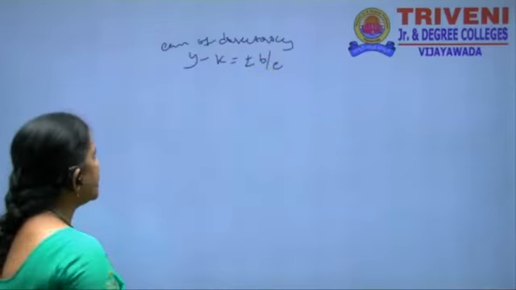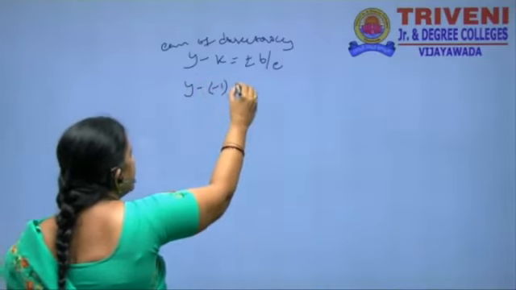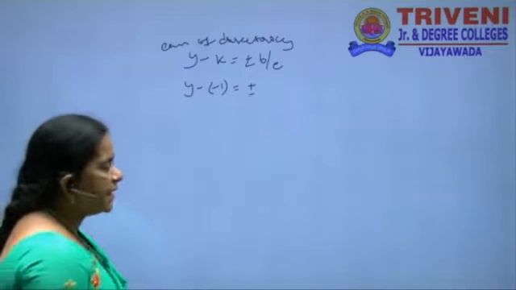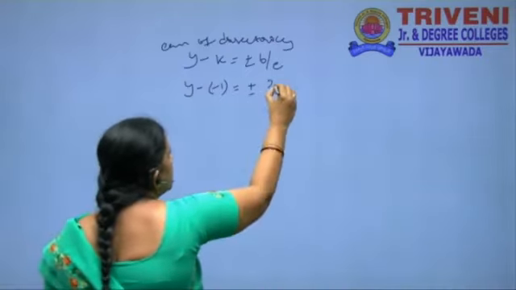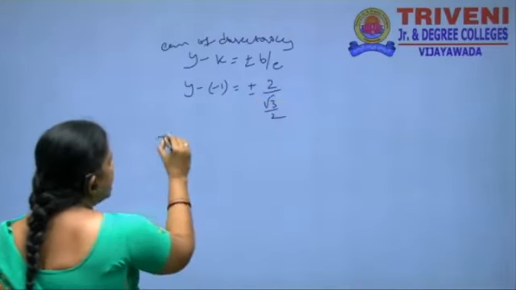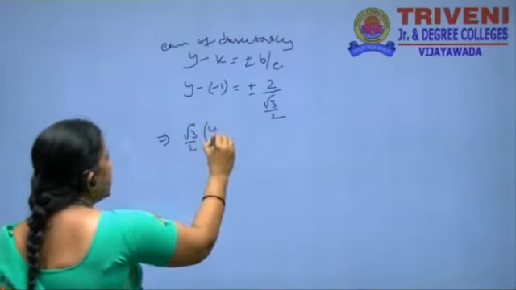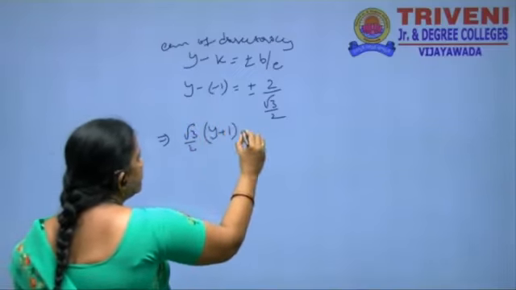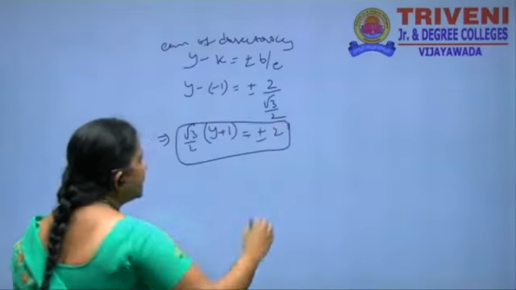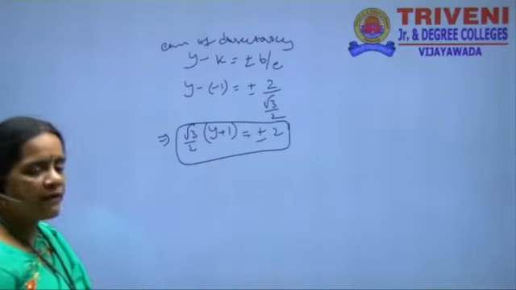Already you know the value of k is minus 1, that is y minus of minus 1 is equal to plus or minus, and the value of b is 2, 2 by the value of e, root 3 by 2. It becomes here root 3 by 2 into (y minus of minus 1), that is y plus 1, is equal to plus or minus 2. This is the equation of directrices.